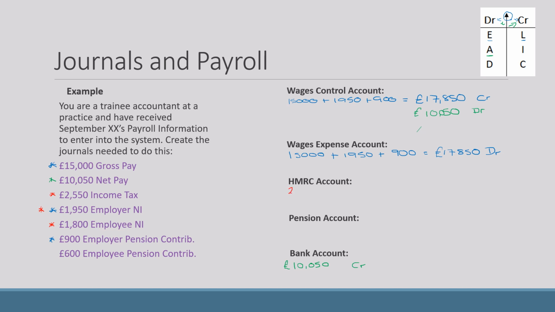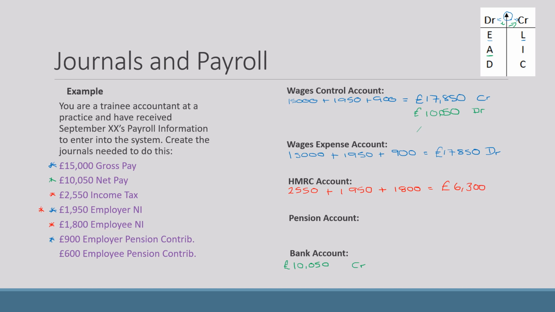So we're going to have 2,550 income tax plus 1,950 of national insurance contribution for the employer, and then an additional 1,800 employee NI contribution. And that comes to 6,300.